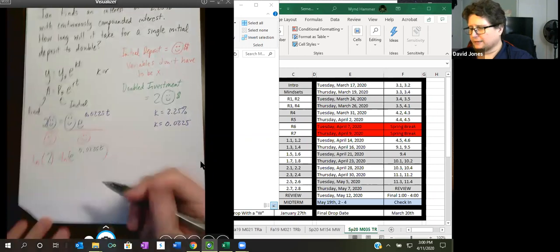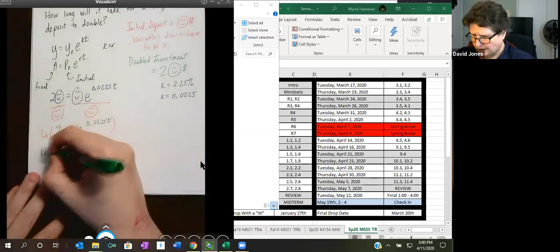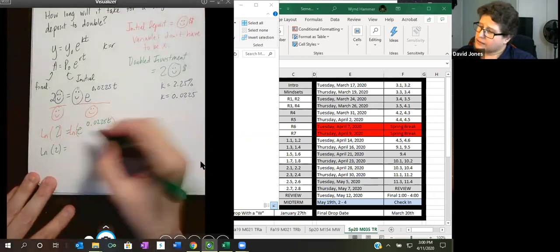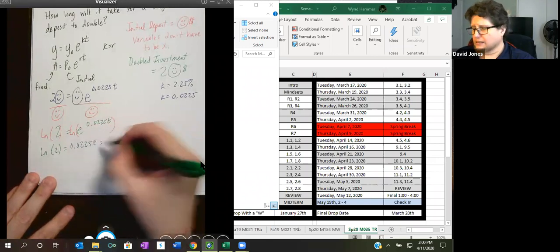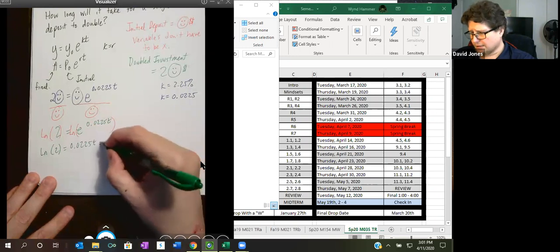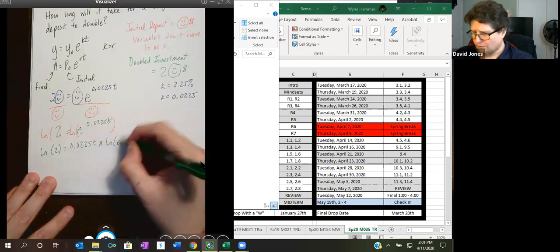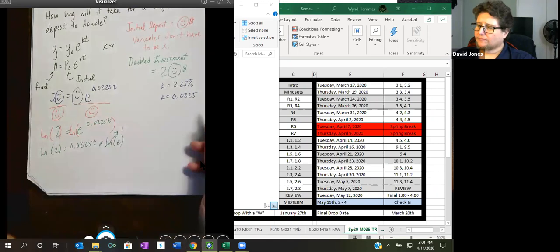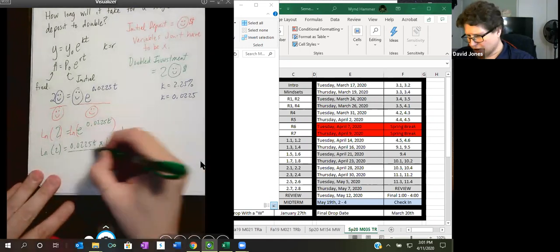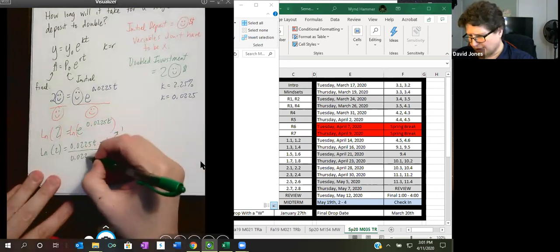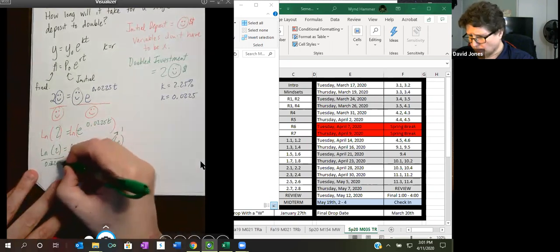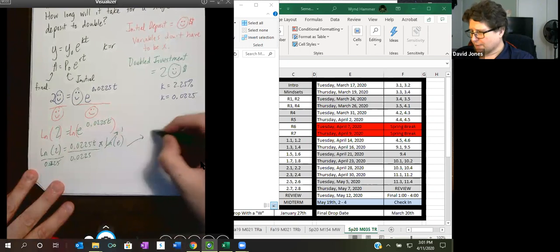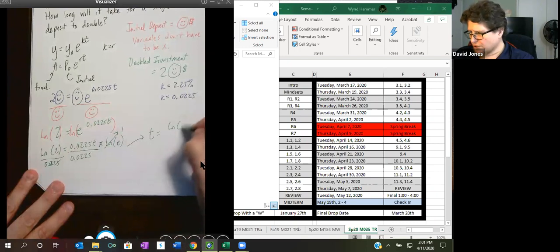We pull down the exponent, times natural log of e, which is 1. And we divide by our 0.0225. And we get t equals the natural log of 2 over 0.0225.